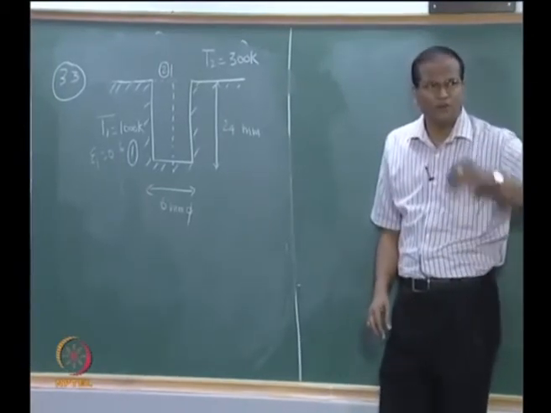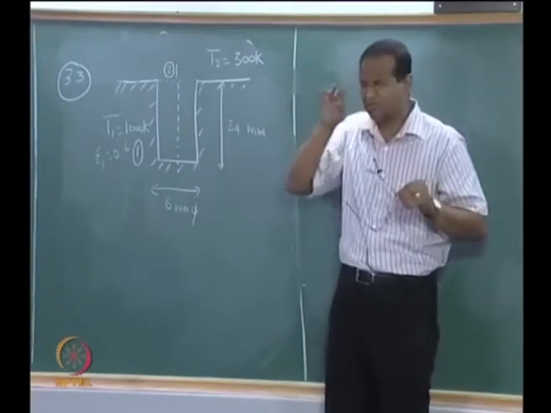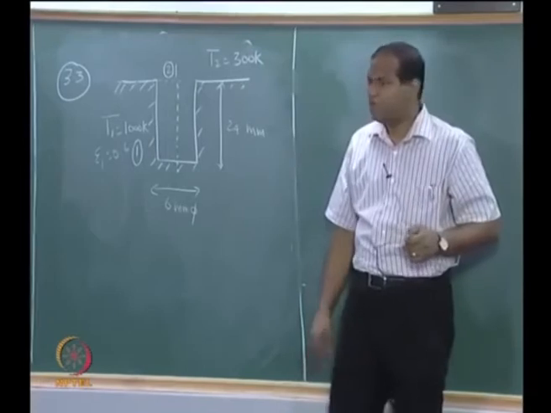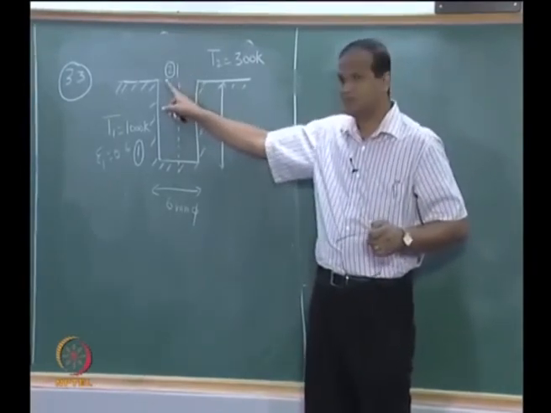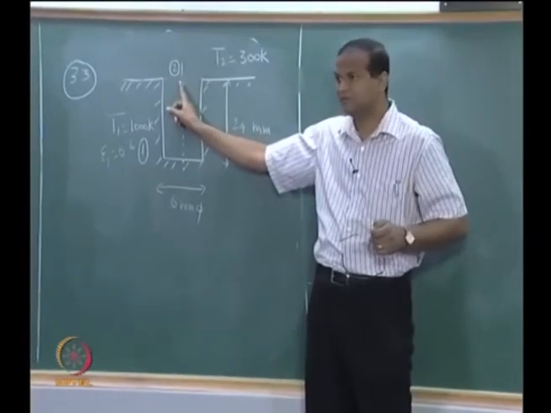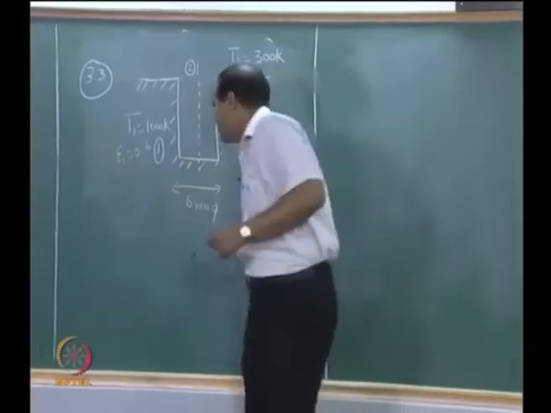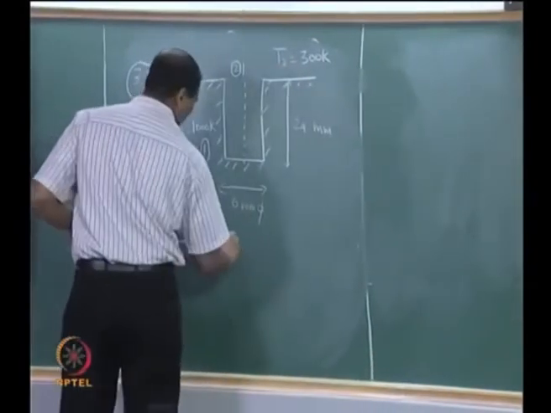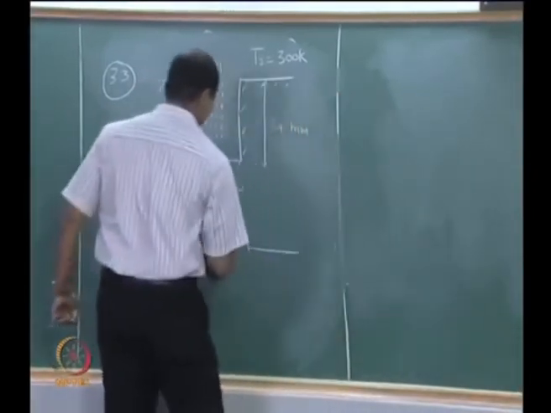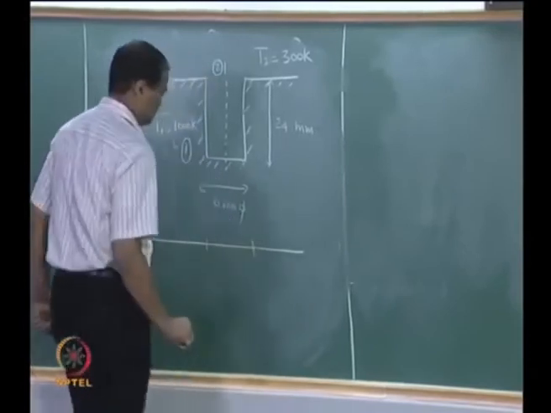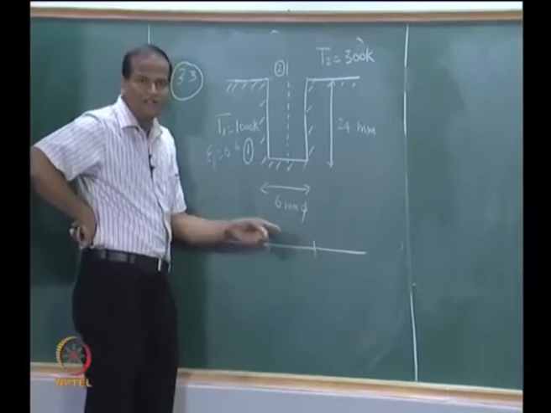But the beauty of this problem is, suppose this hole were not there, and you have this surface alone, you just have the surface 2. That is, you have something like this. This is basically a circle with a radius of 6 millimeters.